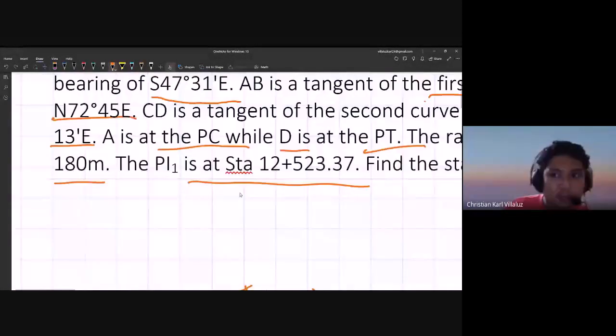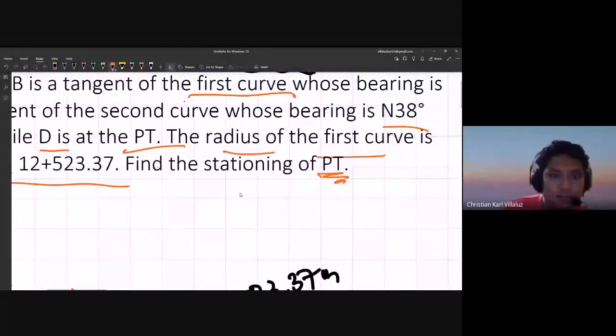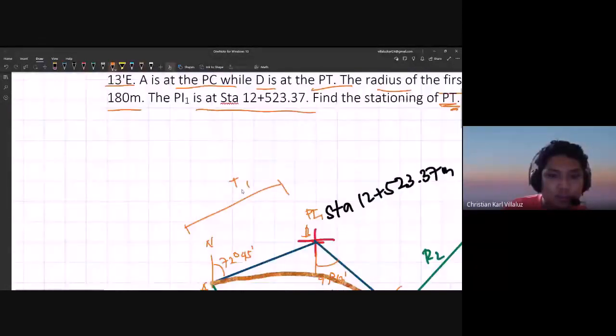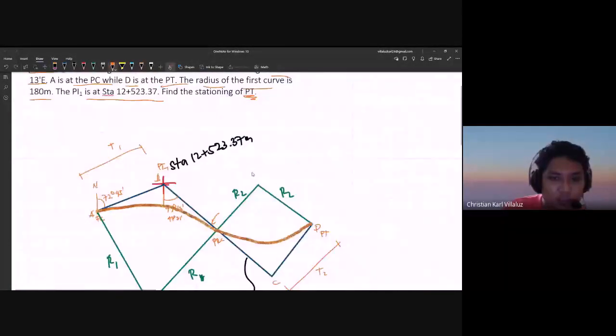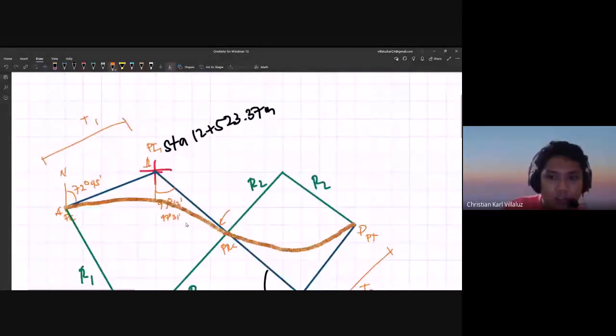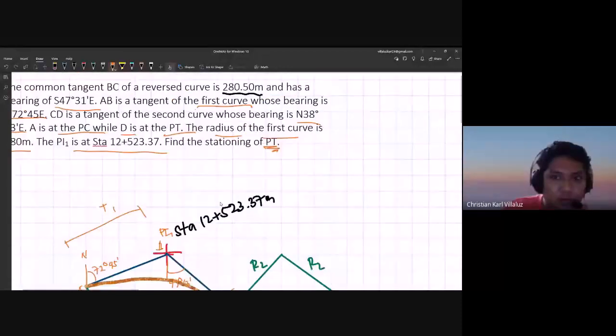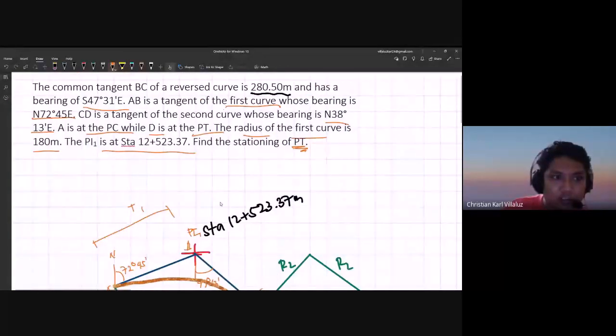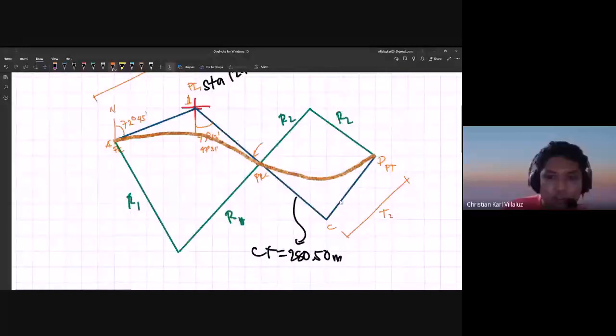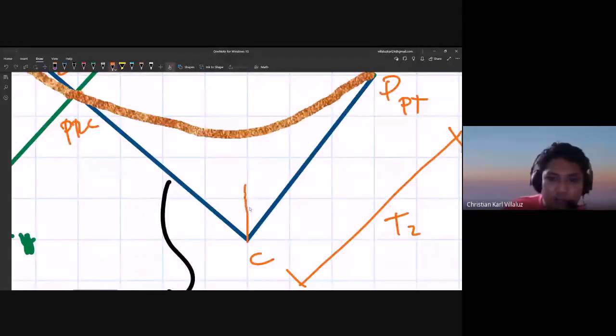Okay. So labelan din natin yung North 38 degrees 13 minutes from C to D.